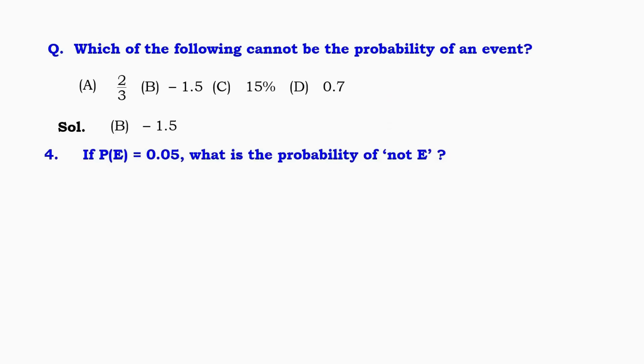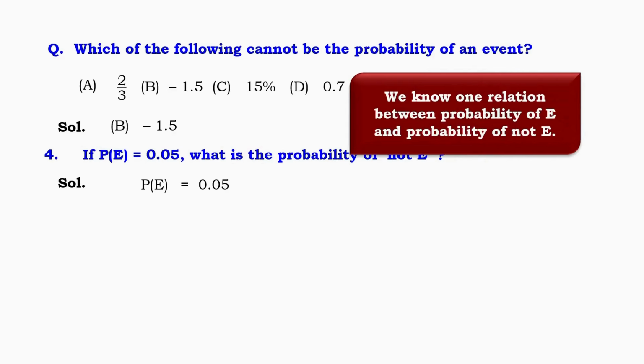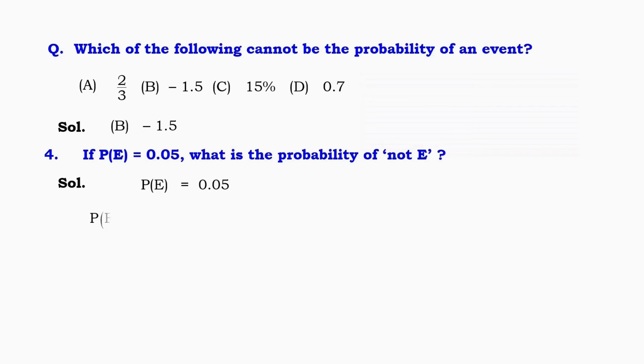Now next question. If P(E), that is the probability of event E, is equal to 0.05, then what is the probability of not E? We already know there is a relation between the probability of event E and the probability of not E, that is the complement of E, right? If we sum them up, it will always give 1.